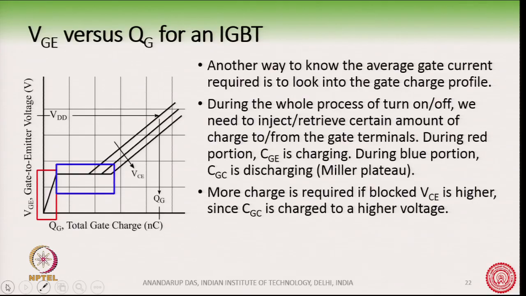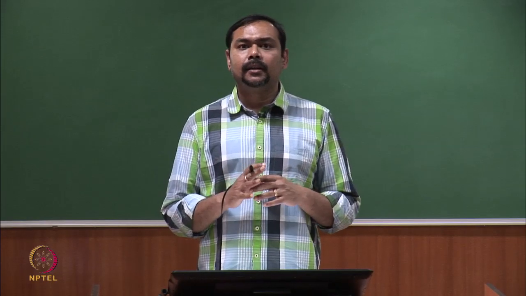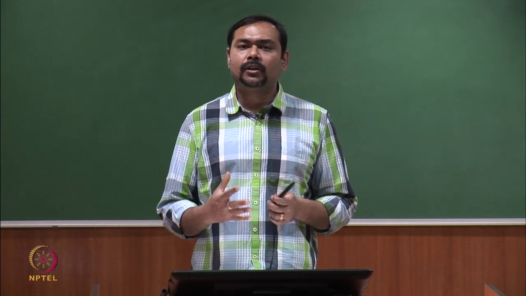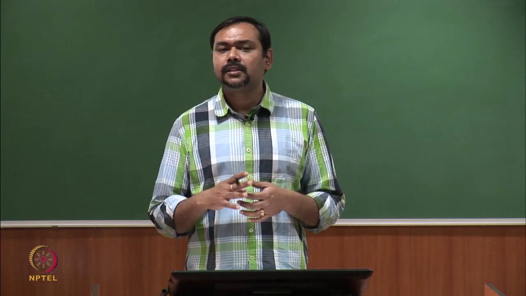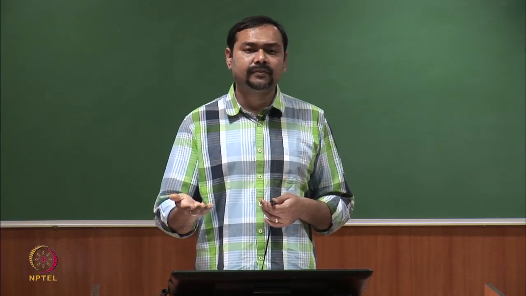So, instead of looking into individual stages of turning on, they look at it in a cumulative way, that in order to turn this device on, I require so much of gate charge. Now, how fast you will deliver this charge matters: if you do it very fast, you will turn the device on faster.